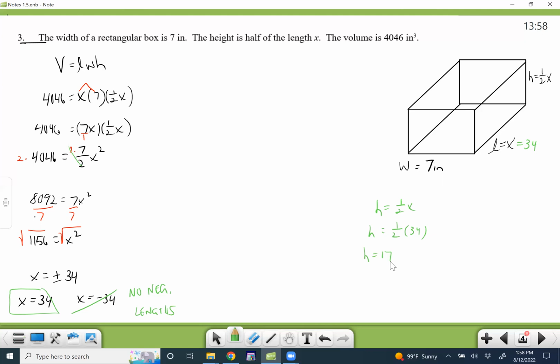Let's put it all together in a nice little answer box. The length is 34, and we're measuring with inches, so 34 inches. The width is 7 inches, and the height now is 17 inches.